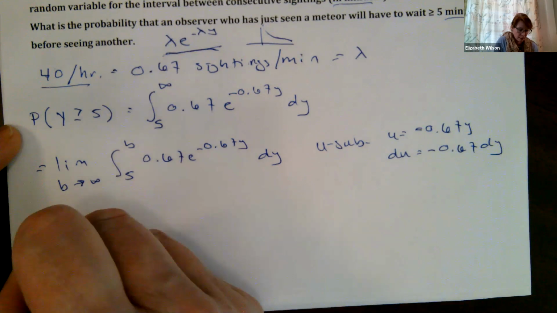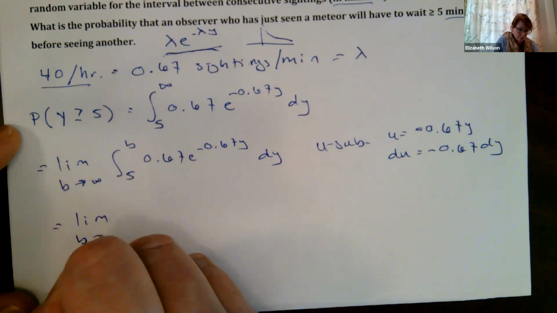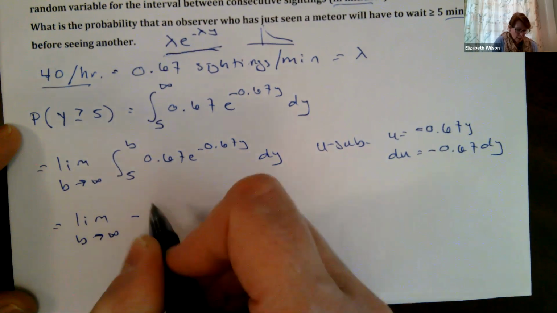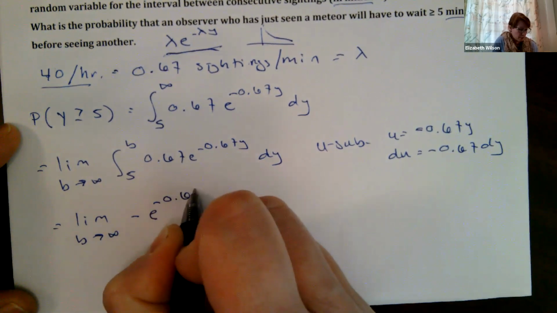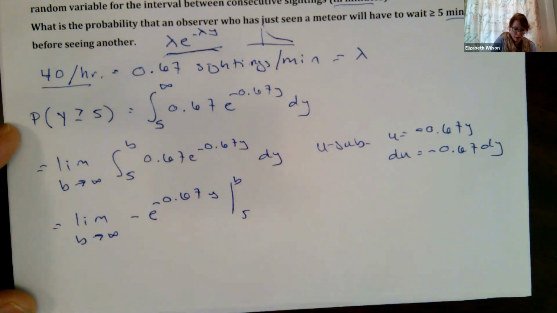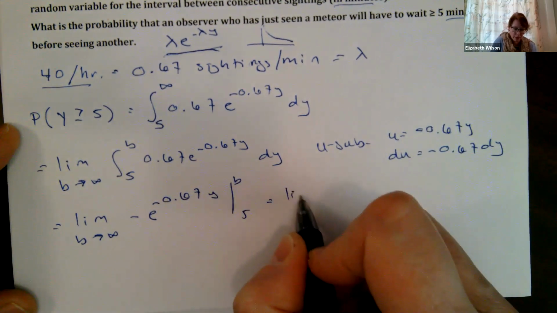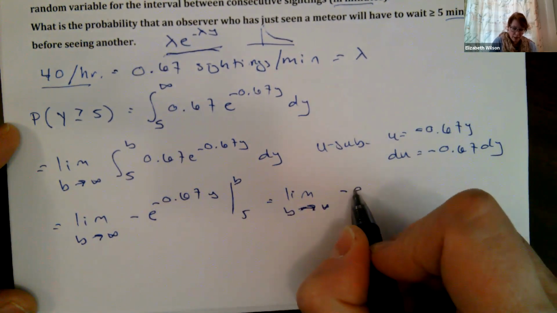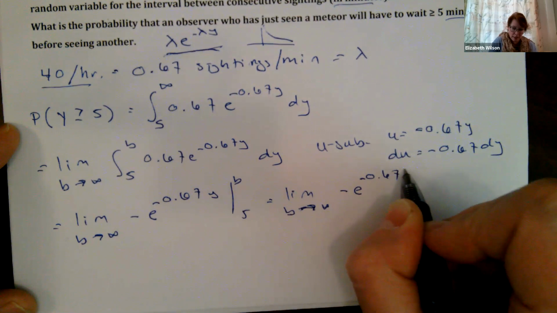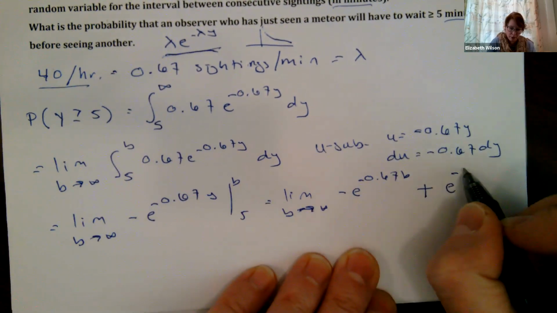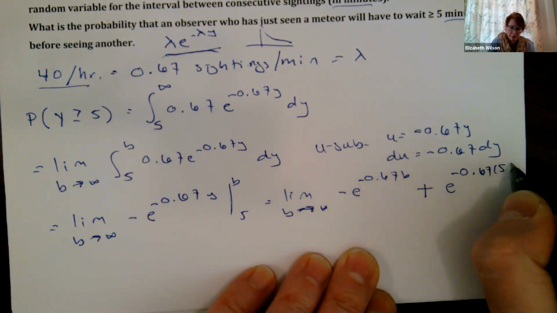I'm going to skip the whole integration part and just keep working on the limits here. When I integrate this, I get the limit as b goes to infinity of minus e to the minus 0.67 y, evaluated from 5 to b. So that's the limit as b goes to infinity of minus e to the minus 0.67 b, minus minus e to the minus 0.67 times 5.